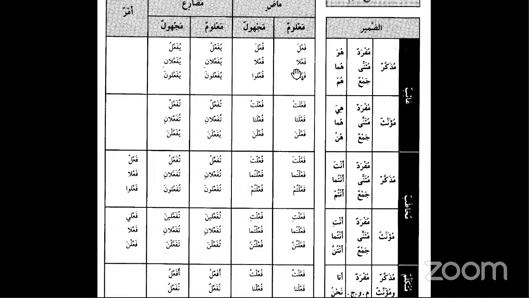Nazzala means it has been revealed, or it has descended. But I don't really need the translation. I want you to just conjugate the pattern itself. Nazzala, nazzalu, nazzalat, nazzalata, nazzalna, nazzalta, nazzaltuma, nazzaltum, nazzalti, nazzaltuma, nazzaltunna, nazzaltu, nazzalna. Excellent.